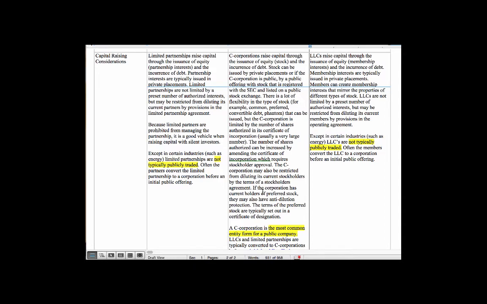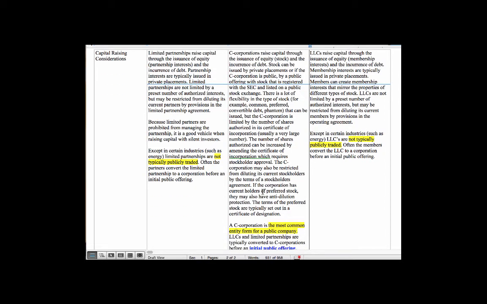Right? In fact, there's some perceived wisdom that, and this is apparently more true on the West Coast than it is on the East Coast, if you believe that your outcome for your startup company is that it's going to be a publicly traded company, you might as well start out as a C Corp, because that's what you're going to have to be when it comes time to register with the SEC.